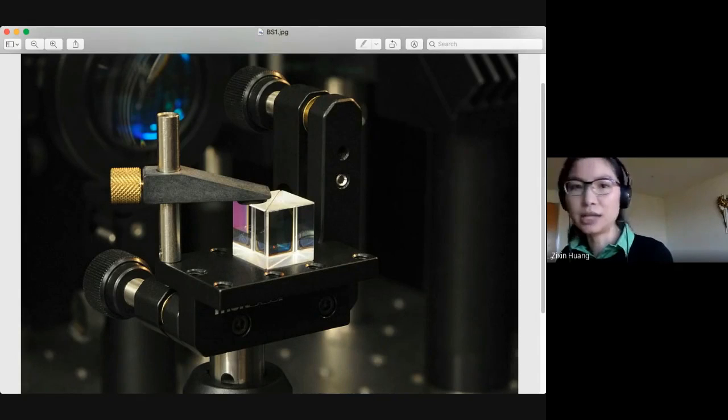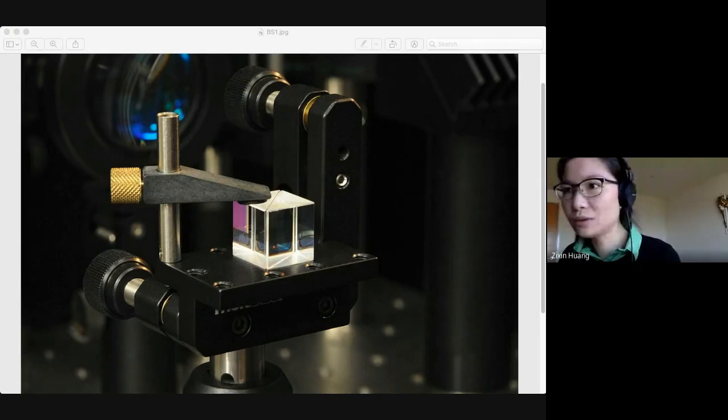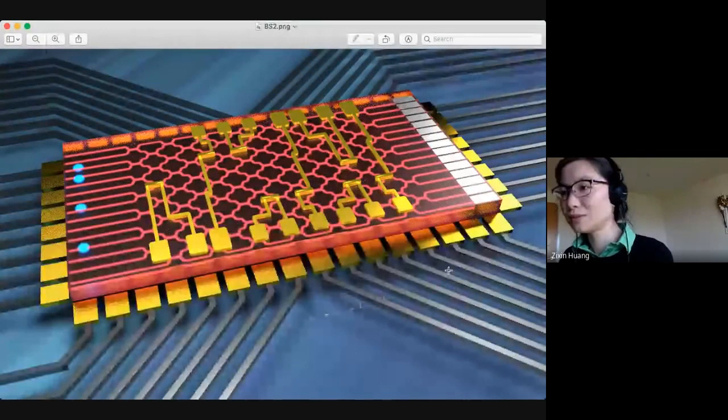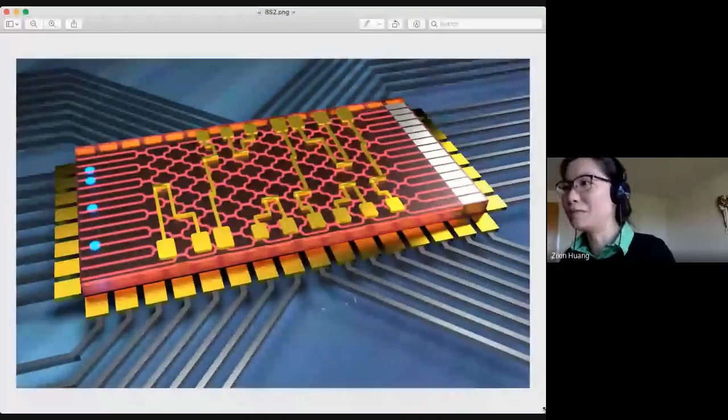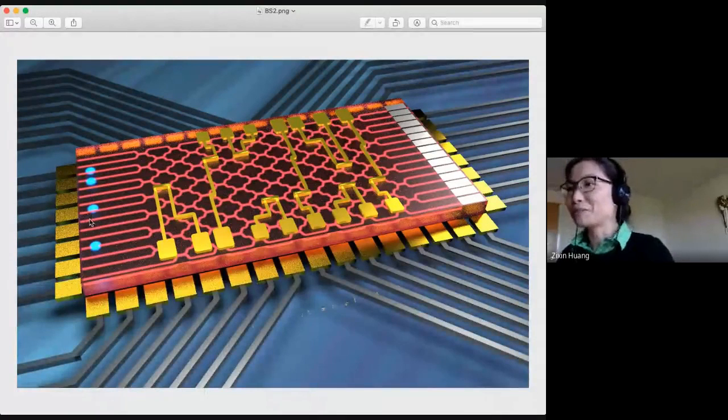And now, let's see if I can show you the second photo. A window. Okay, good. So if you can actually see the chip, this is the chip that I was talking about.